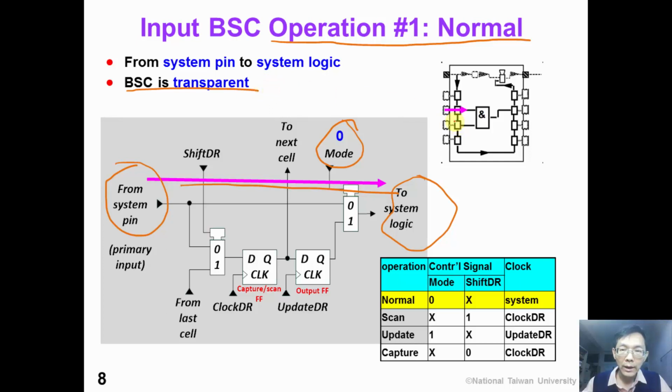On our upper right figure, we can see this operation. The input signal just comes in through the input boundary scan cell. In normal operation, we clock the system clock to operate the system logic.